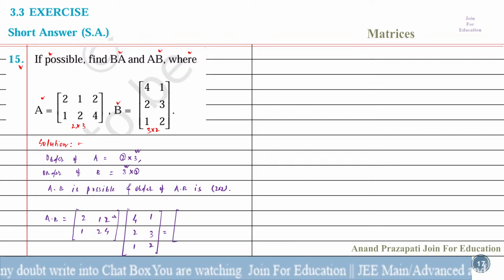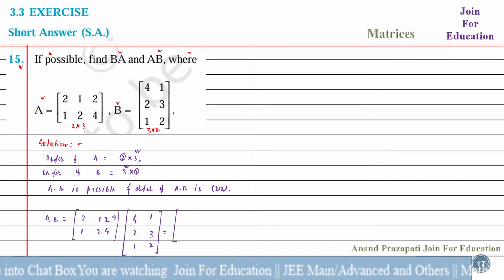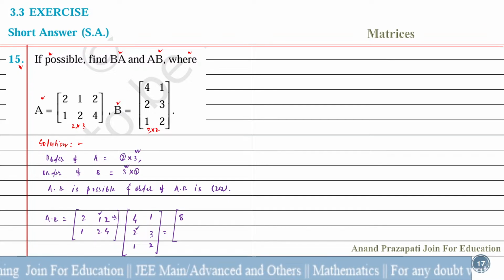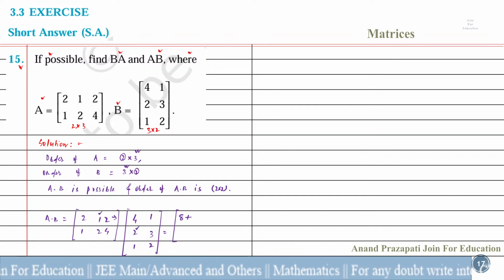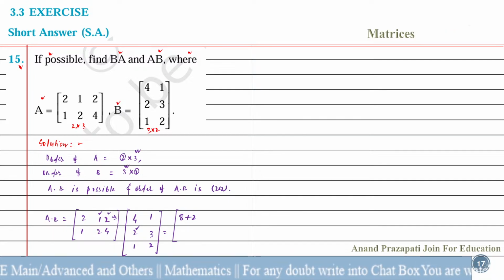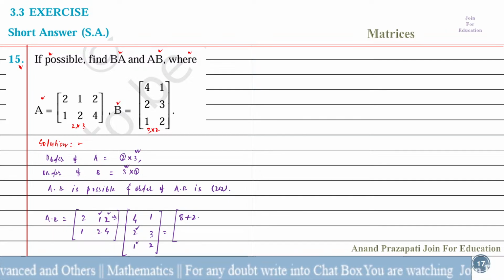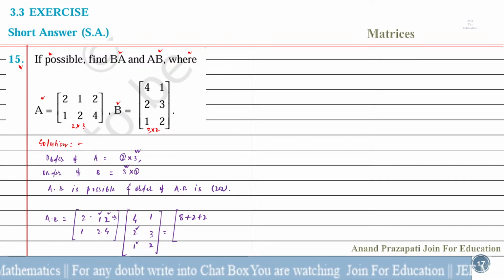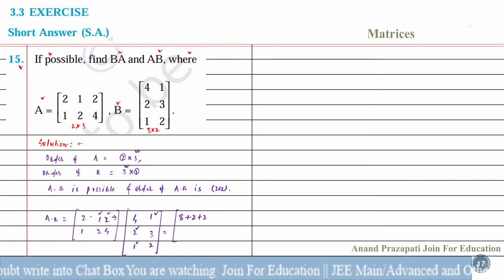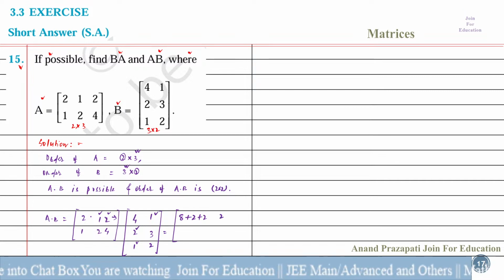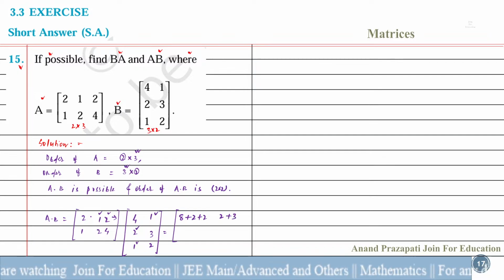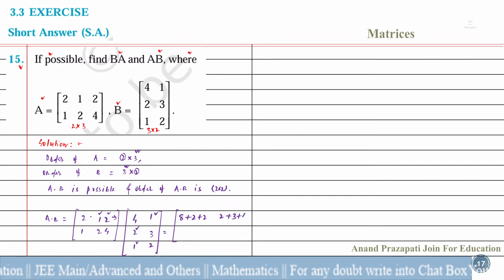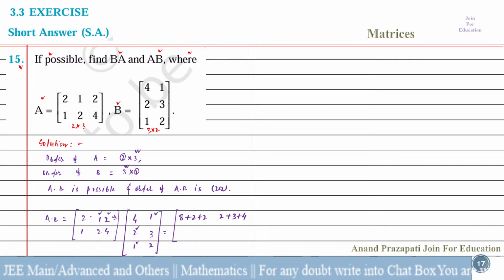So according to this one, 2 into 4 equal to 8 and 1 into 2 equal to 2. So we write down here plus 2 and 2 into 1 equal to 2, we write down again plus 2. Again this one by this one, then we get here 2 into 1 equal to 2, 1 into 3 equal to 3. So we write down here plus 3 and 2 into 2 equal to 4. Hope that there is no problem to understand up to this step.